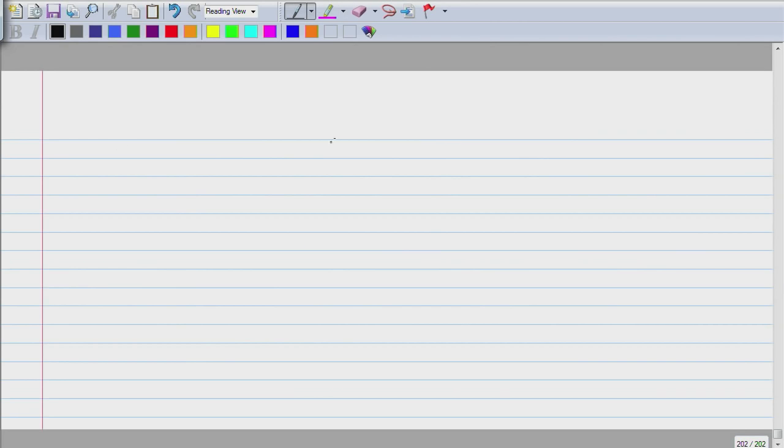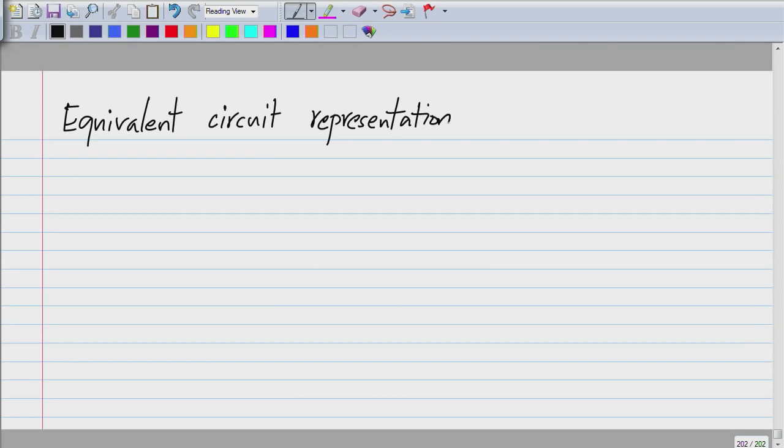Now another thing is the equivalent circuit representation. What do I mean by this? Again, let's go back to one port.